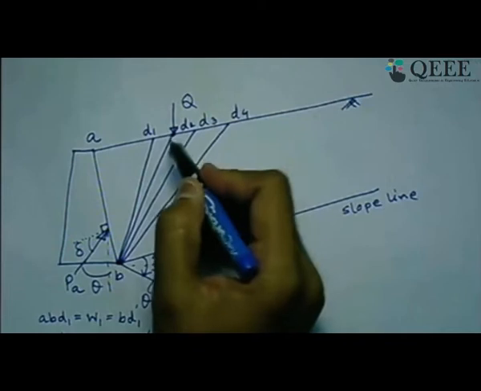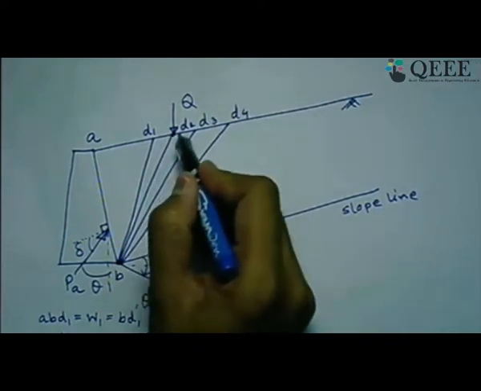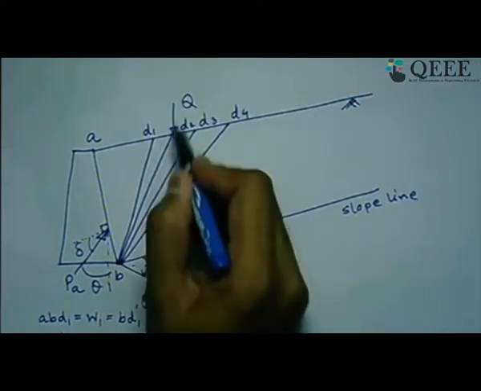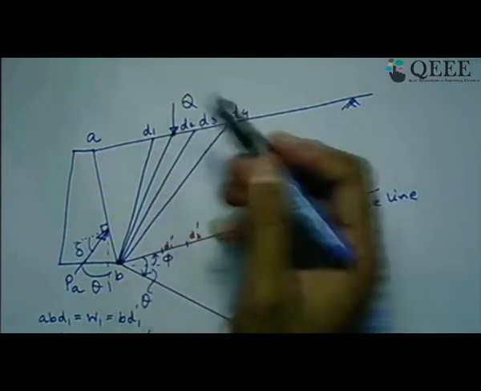Now for the same point D2, just next to this point load, that means line load, if we take, then we will say another ABD2 will have W2 plus Q as the total load. Now this we can represent as BD2 double dash.